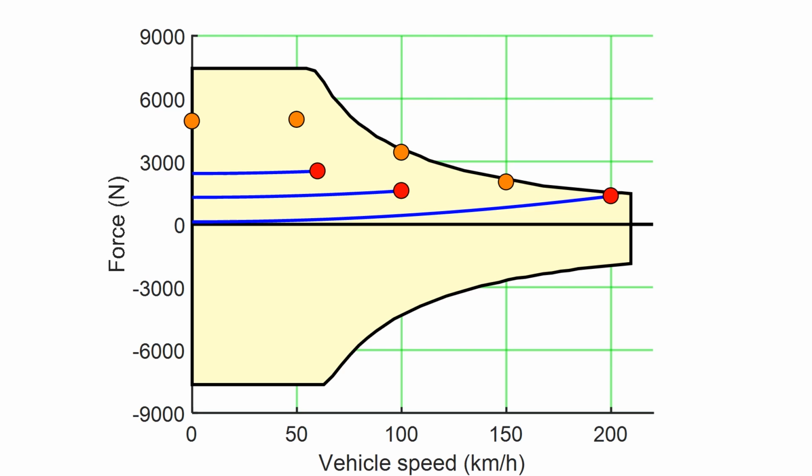It seems that the low-speed requirements are easier to meet than the high-speed requirements for this powertrain. To see why that is, we plot the curve along which the traction power is equal to the peak power of this powertrain, 118 kilowatt. With this curve as a reference, we can see that the electric machine is not capable of keeping the power constant as the speed increases.